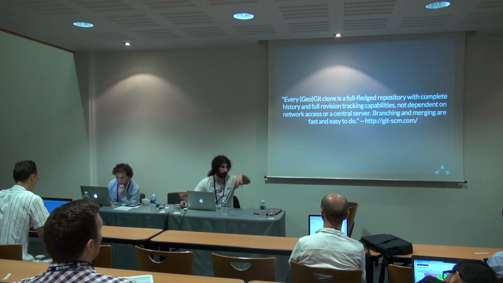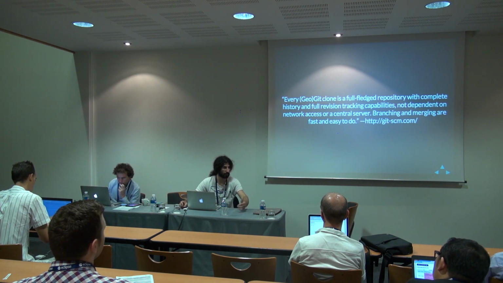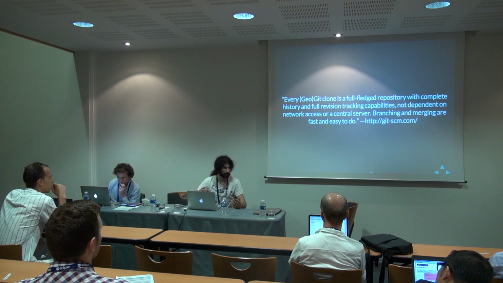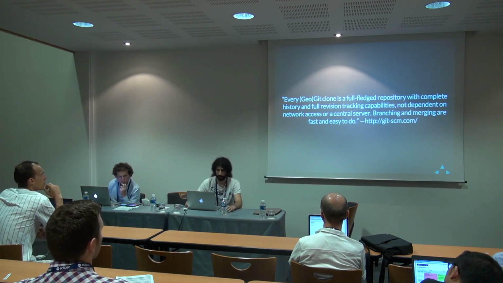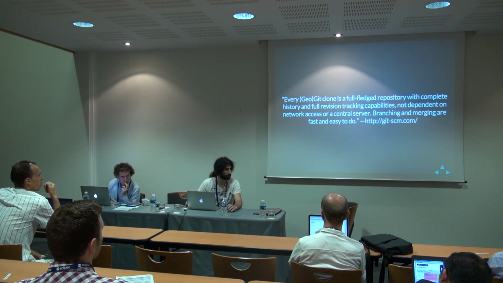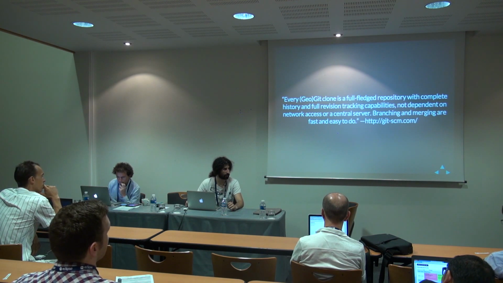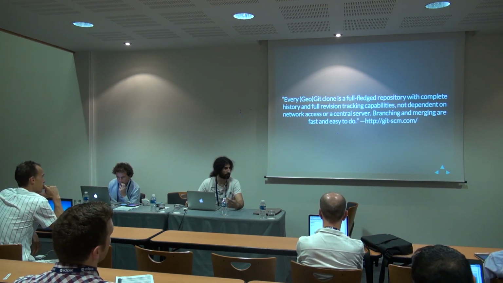So you basically have one repo that you can consider the central one, like the one that you have in your GitHub account, for instance, but everyone that is working has exactly the same content, right? So everything you can do on the central one, you can do on your local one. This is the main advantage of Git, and we're trying to bring that to spatial data, and as I will explain, that brings some advantages as well, and it's going to give us the chance of doing very interesting things for keeping and managing our spatial data, right?